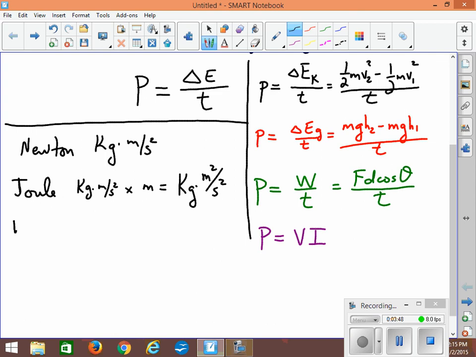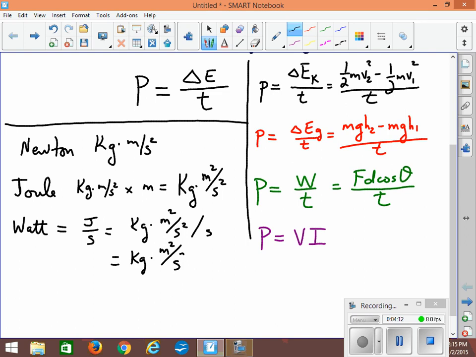And then our friend the watt is basically a joule divided by time, right? It's energy, which is joules, divided by seconds. So that's kilogram meter squared per second squared divided by seconds. And if you use your invert and multiply rule, meters squared per second cubed.